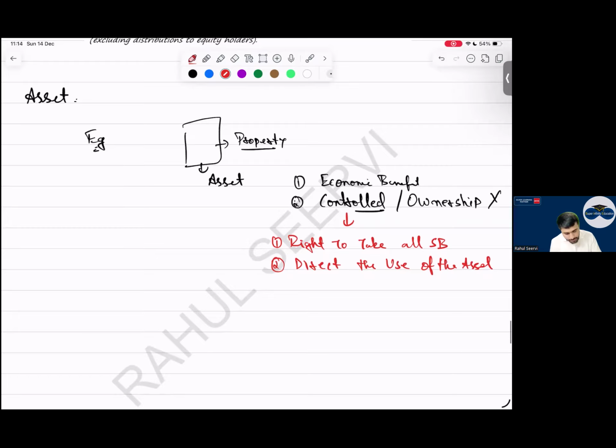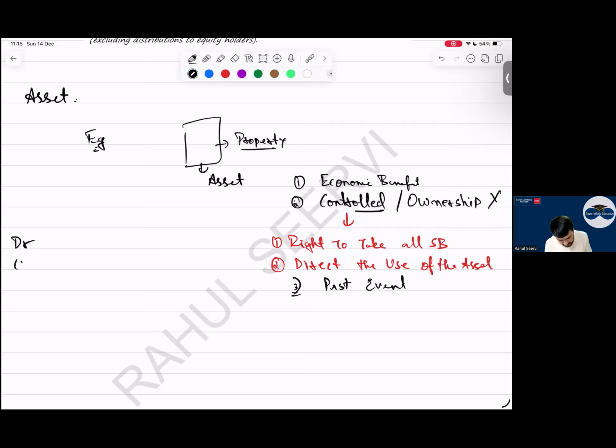Then, as a result of past event, is there any past event here, everyone? What is the past event for the property? Can I say the past event for a property is that I purchased the property? So, asset means what, sir? An asset is a resource through which you get an economic benefit, which is controlled, and as a result of past event. Simple. Yes, sir.